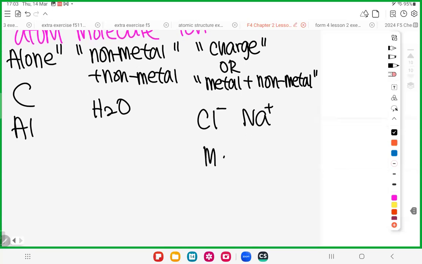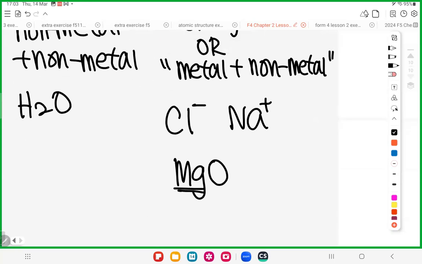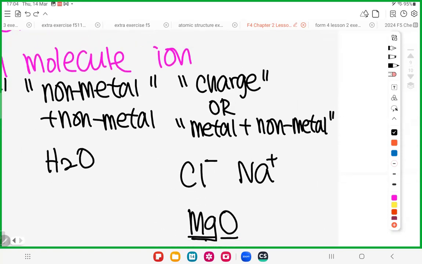Let's say MgO, magnesium oxide. Although I don't see any charges there, magnesium is a metal and oxygen is a non-metal, so when they combine together, it is an ion. That's what we learned in the previous lesson.